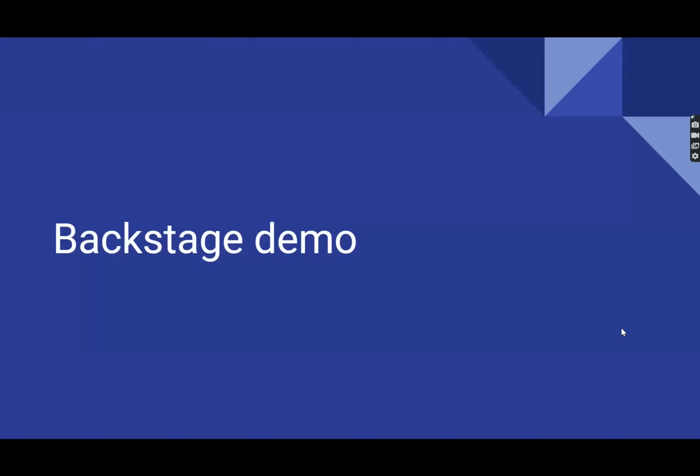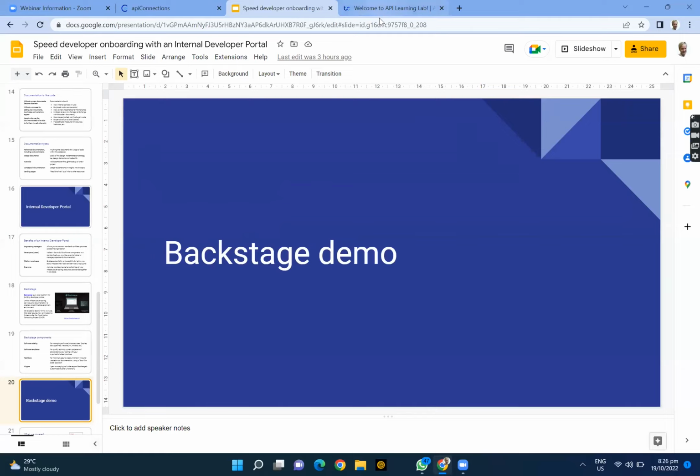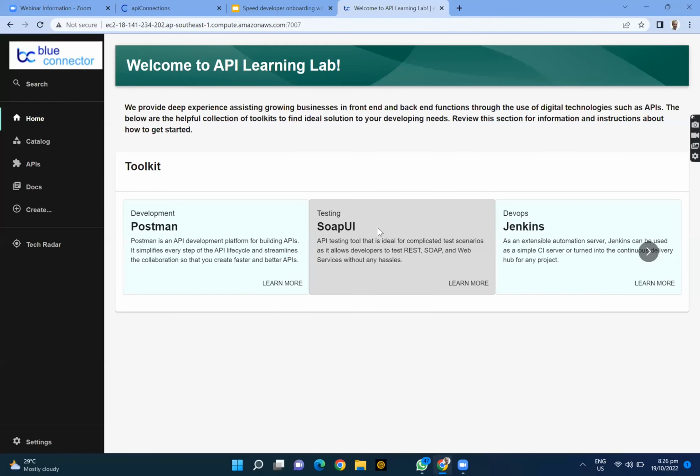So I'm going to flip now to see if I can show you a quick demo of this. So this is an environment that's running out on the cloud. I'm going to annotate this a little bit. So we're on the landing page here, and we're listing some key sets of tools.